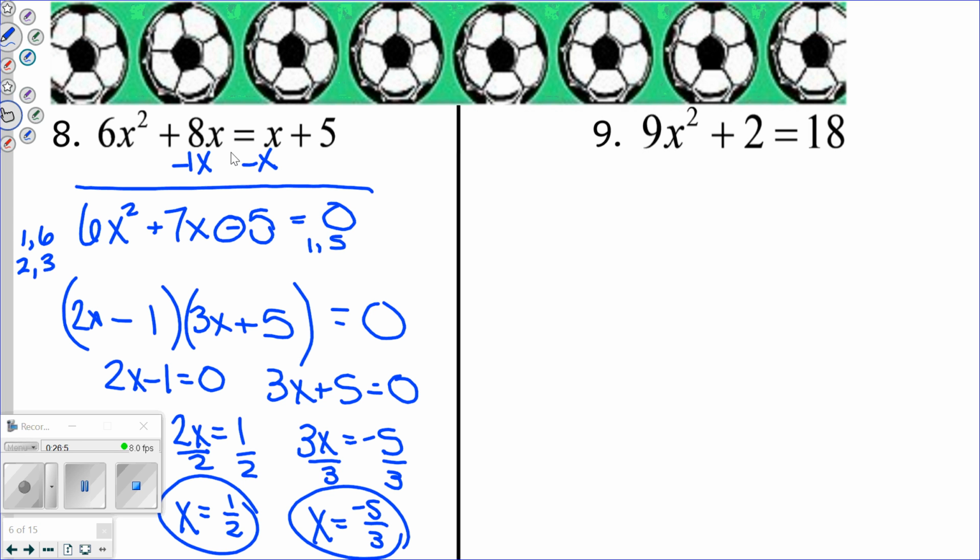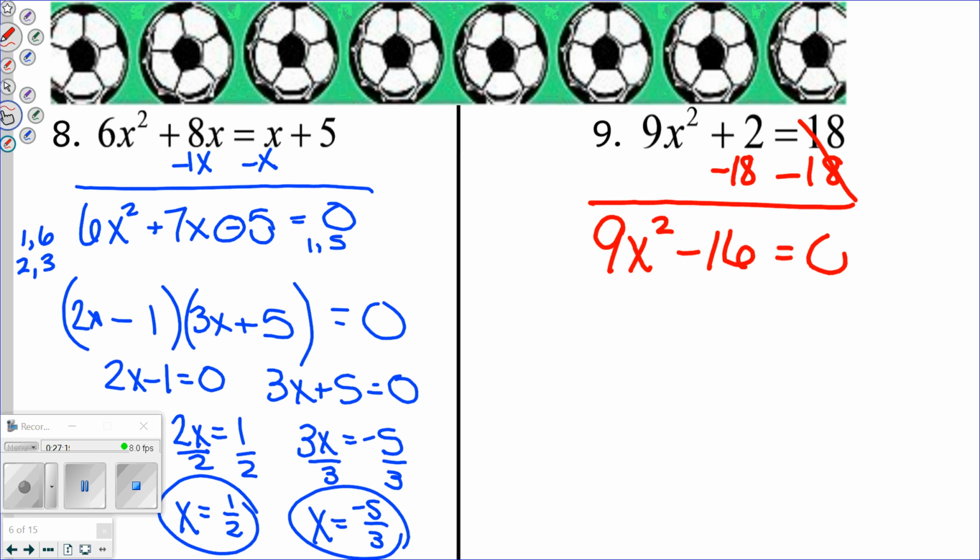All right. Number 9, last one on your own. Like some of you on this one, when you move the 18 over, you said 18 and 2, oh, that's 20. It's not 20. You've got to subtract that. They're both just numbers. You could write it in as a 0x if you really wanted to.